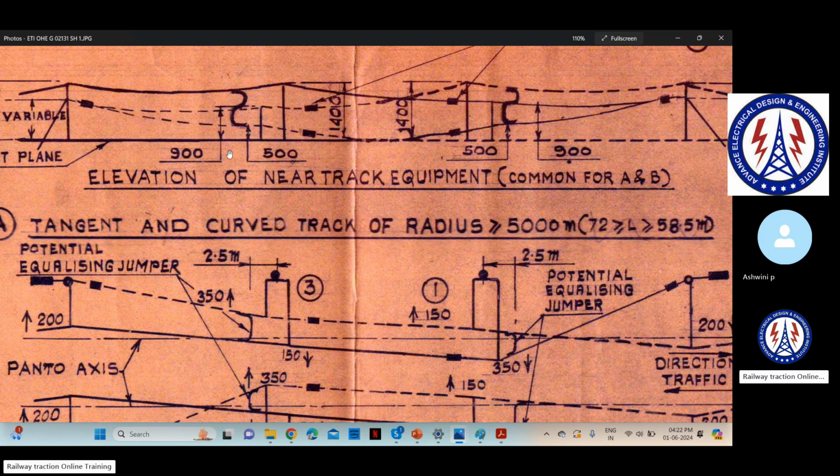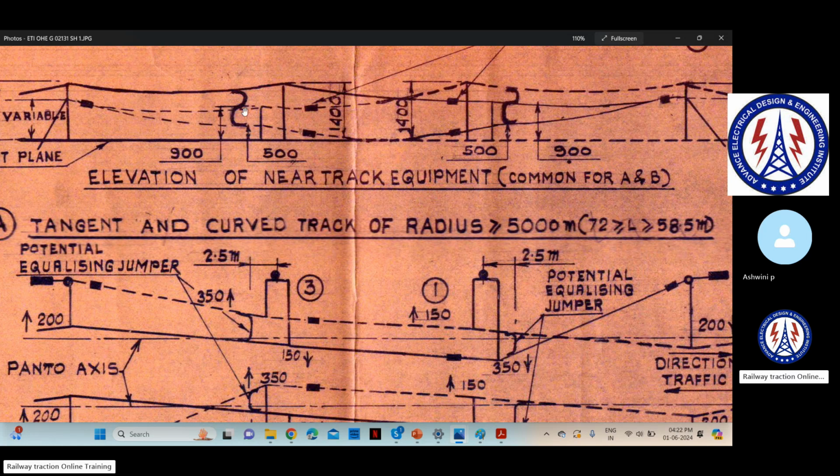Right? So it is like that. In UK rail, it's not 1.4. It is 1.3 over here, and they will raise for 250 mm. And here also accordingly, it will be 0.95. So that much it will be raised.